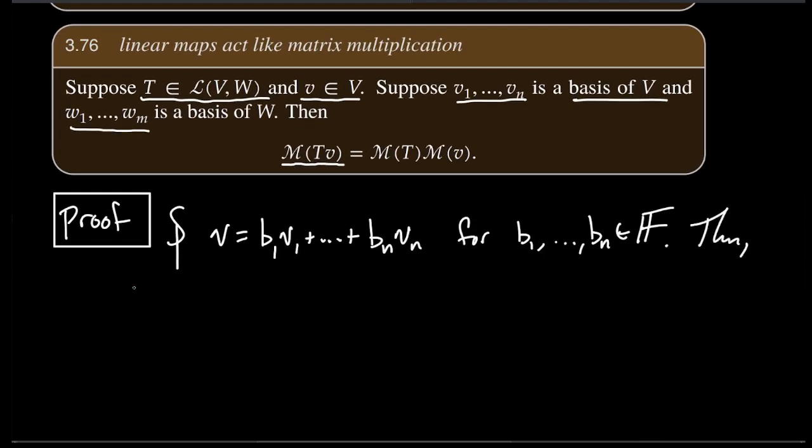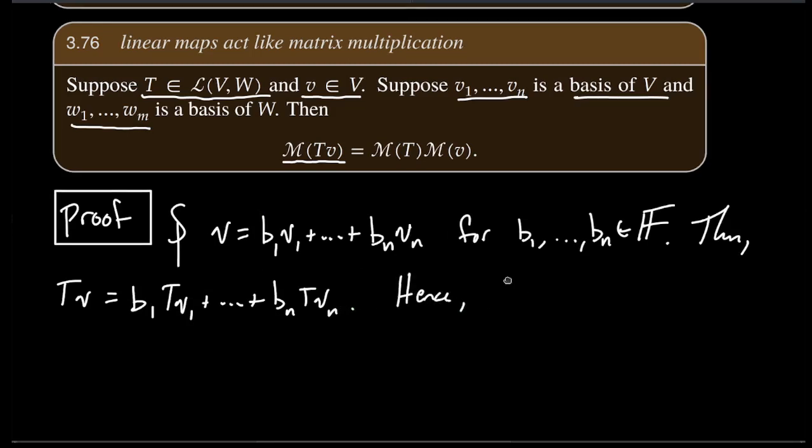Then Tv, well, just use linearity. It's b1 T v1 plus all the way down to bn T vn. So I could have written T of v is equal to T of that whole thing, then split it up across addition, and then pulled out scalars, but I'll do it all at once since I think we're used to that at this point. Okay, cool. Hence, we have the following.